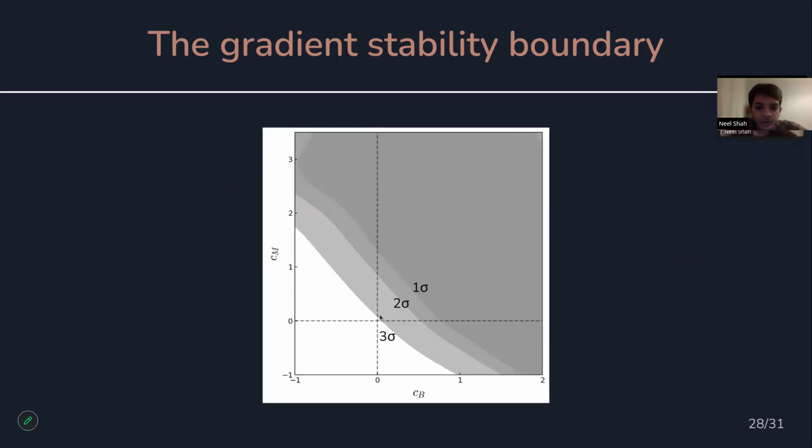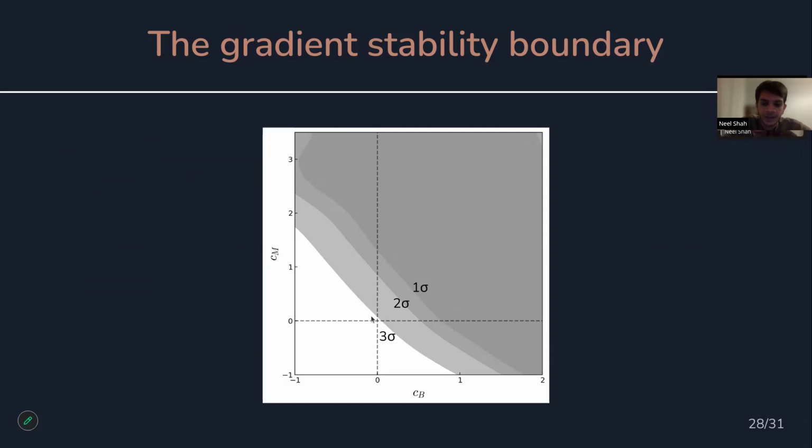So here I am showing the 1, 2, and 3 sigma contours of this fuzzy gradient stability boundary in the CB and CM plane. And you can see that this boundary has the same orientation as the boundary that we saw in our contours.